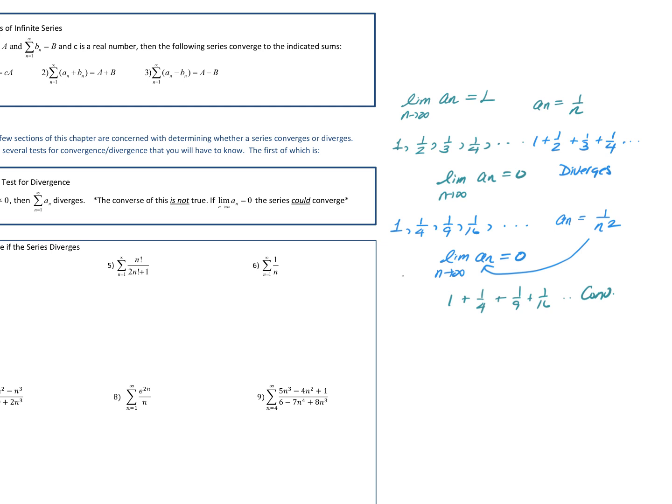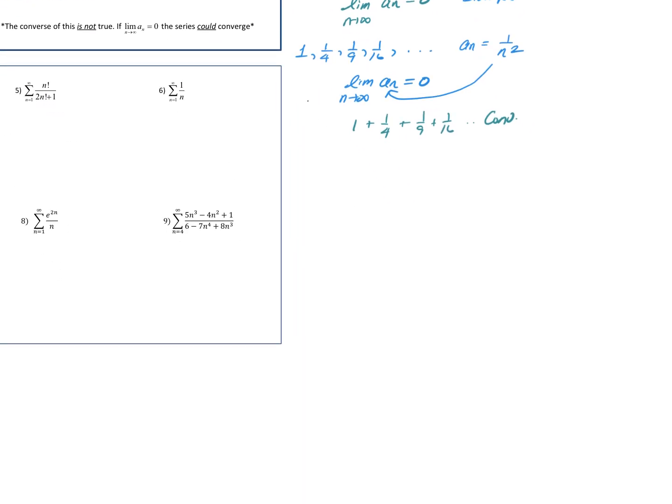So this will be the first test we use all of the time. I'm just going to throw the tests out there real quick. The first test will always be the nth term test, also called the divergence test.